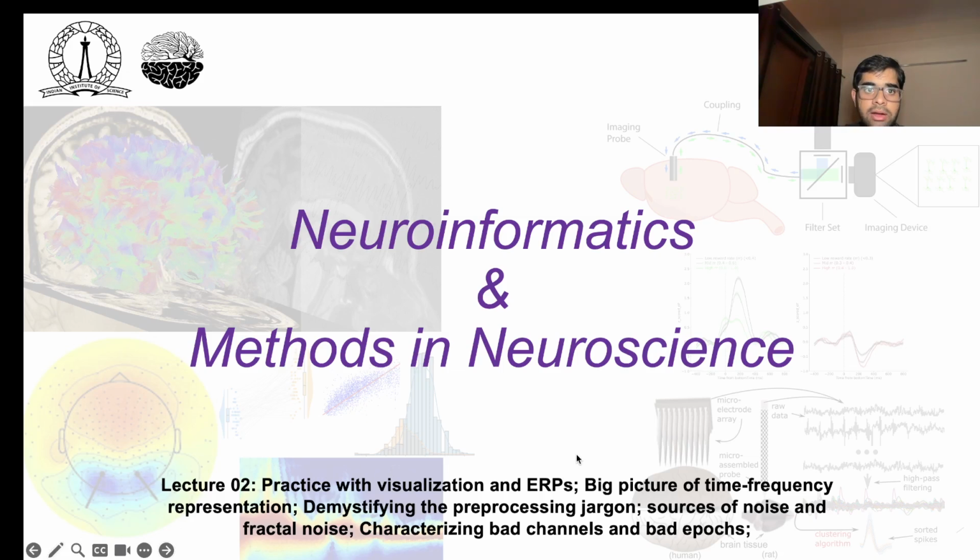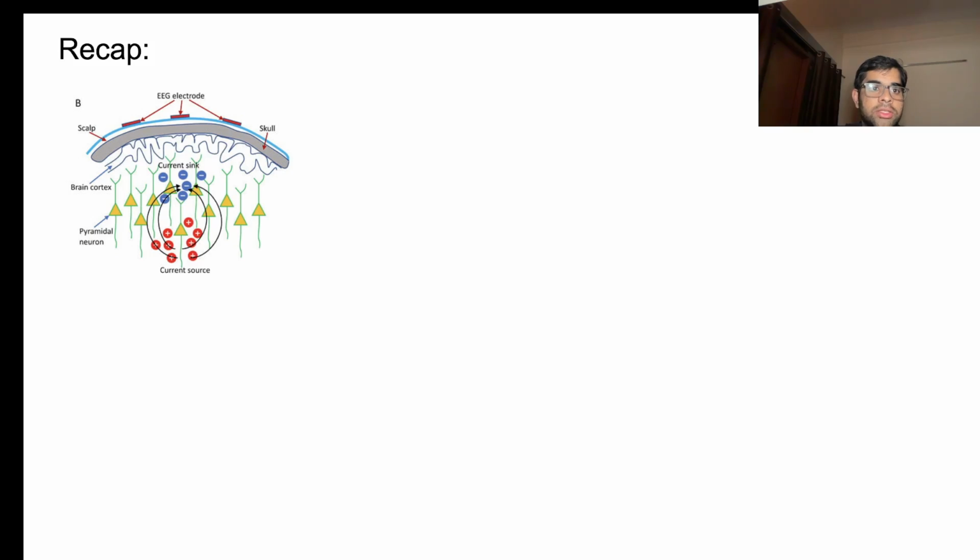So let's start with a bit of recap from the last class. We saw what the sources of EEG are and what kind of information the electrodes on the scalp collect.